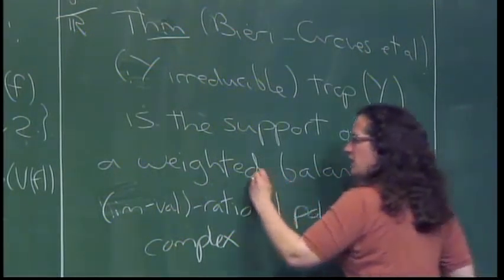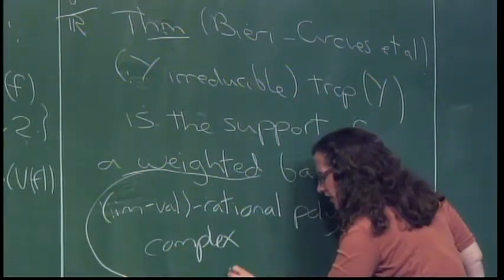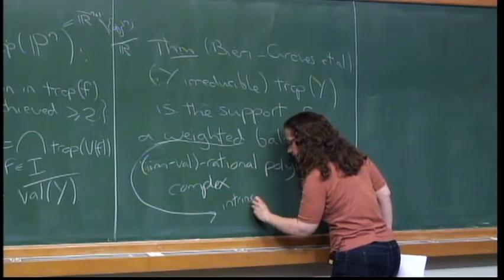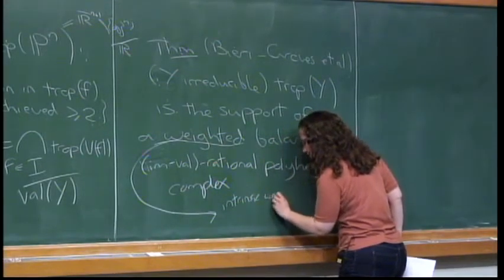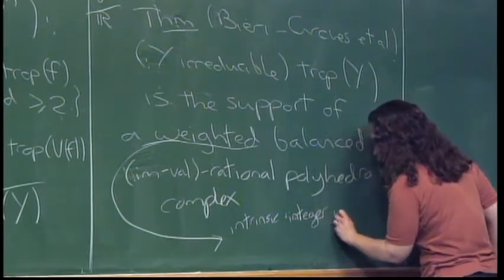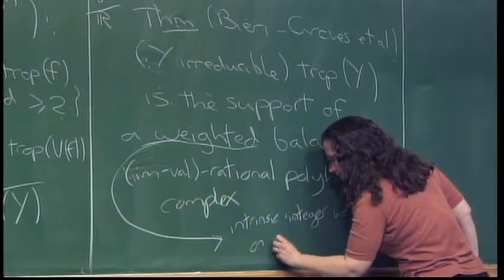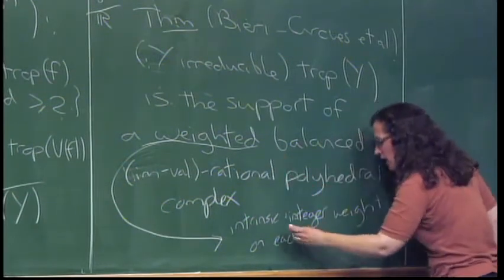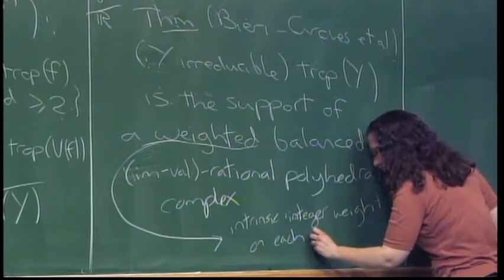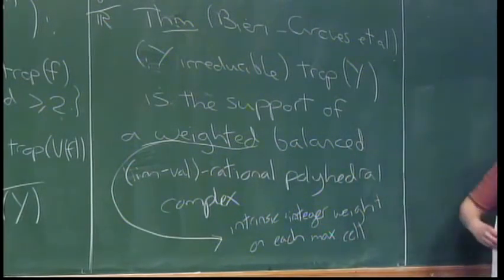And the weighted, we remember this means we have an intrinsic integer weight on each maximal cell. And by intrinsic, I mean determined by Y. So each maximal cell of the polyhedral complex has a weight such that this satisfies the balancing condition.